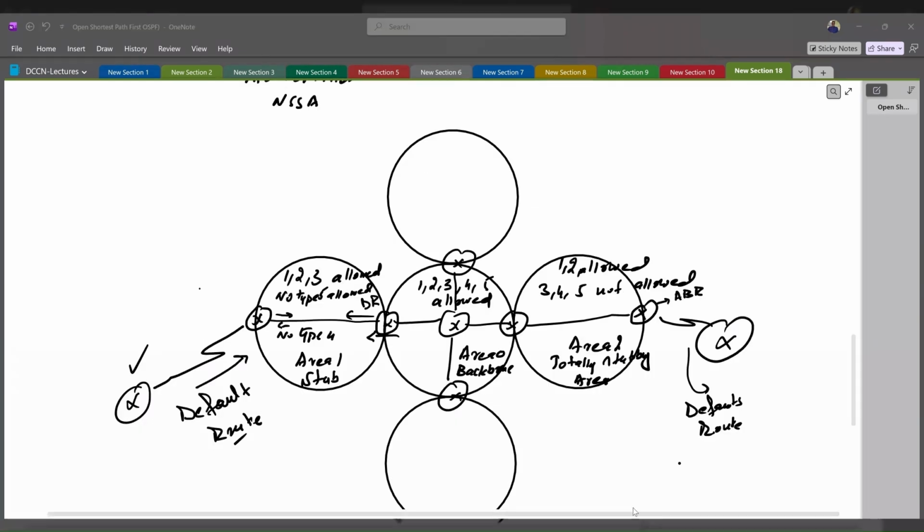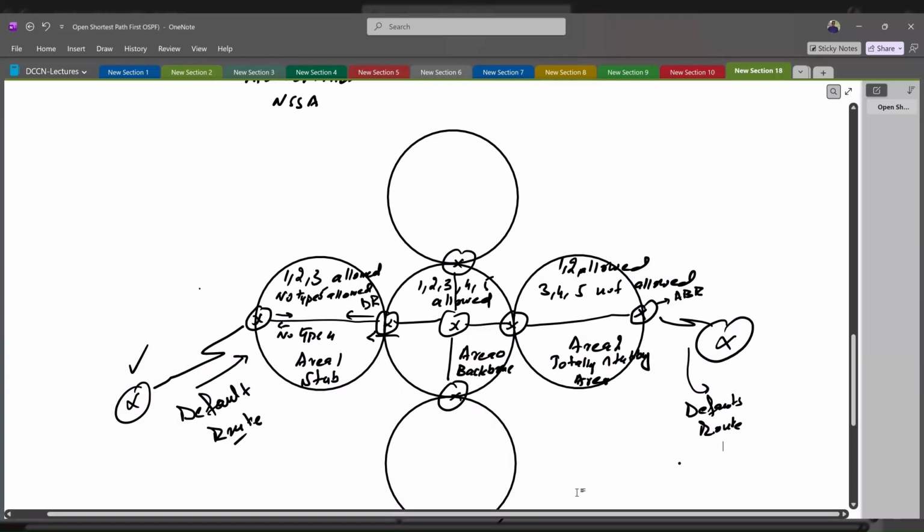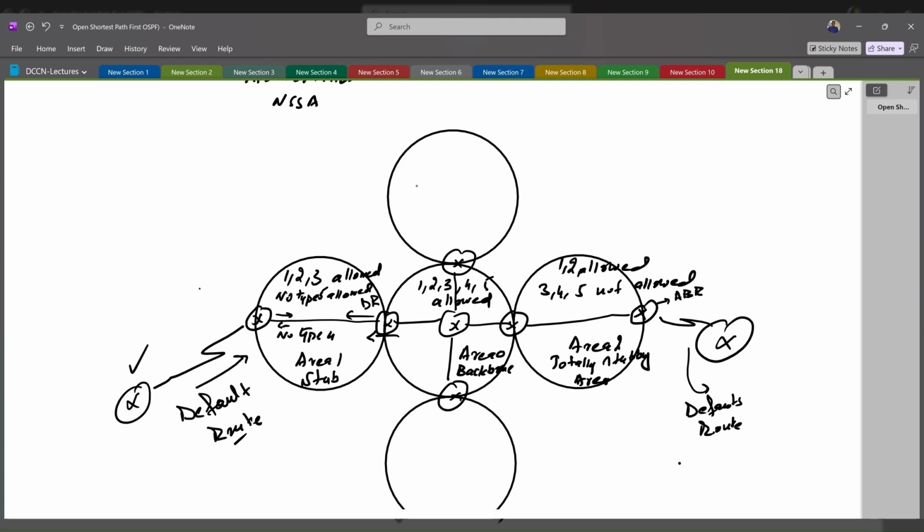Okay, so the next area is, say, G question. Anyway, this is just for the sake of example. When we write a command, there we write stubby or totally stubby and all that, right?